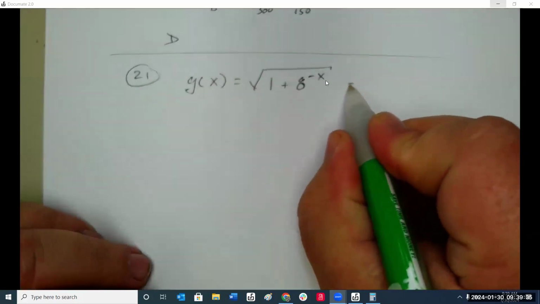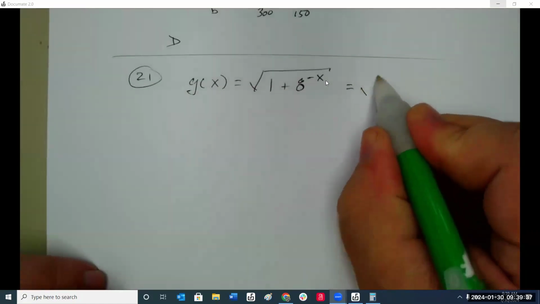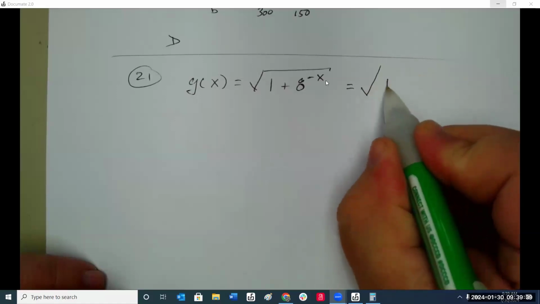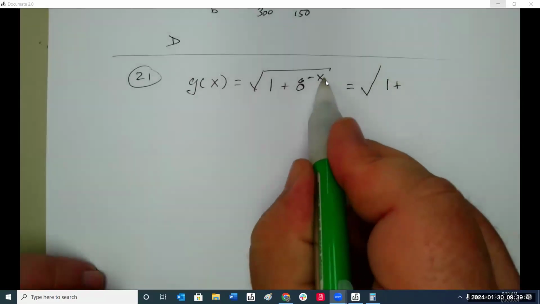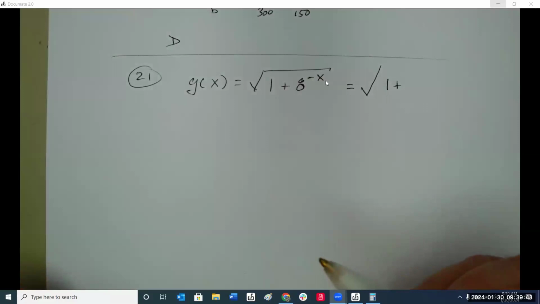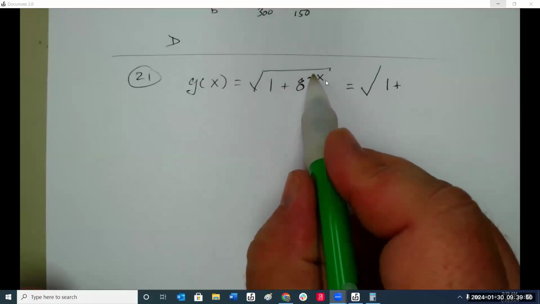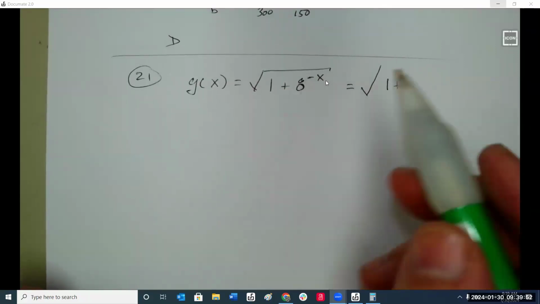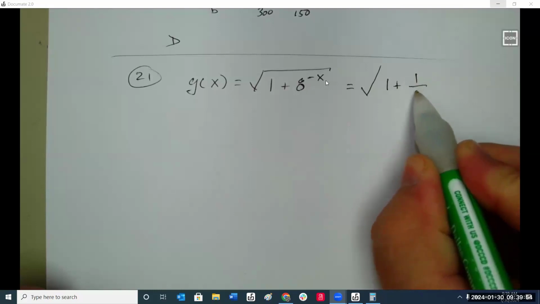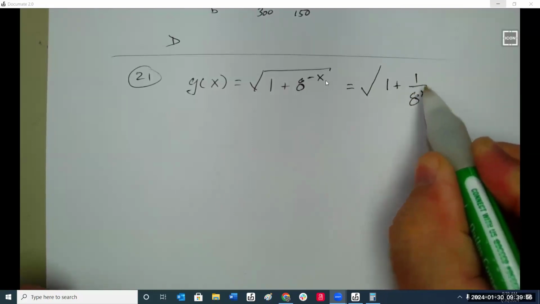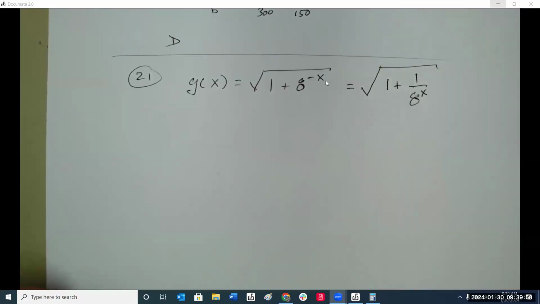If you rewrite this, how would it look? How would you rewrite this equation, this part? What does a negative exponent tell you? It changes the location of where it's positioned, whether it's above or below the x-axis, the horizontal line.